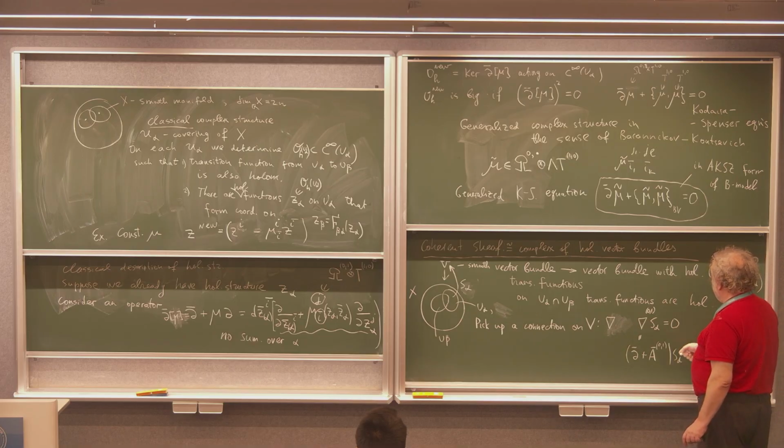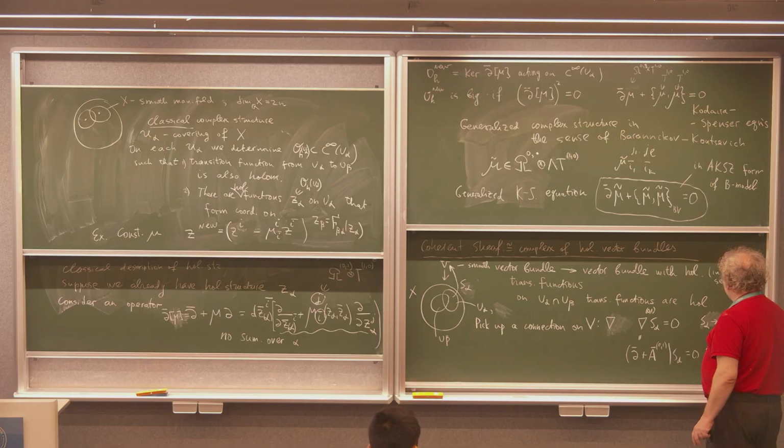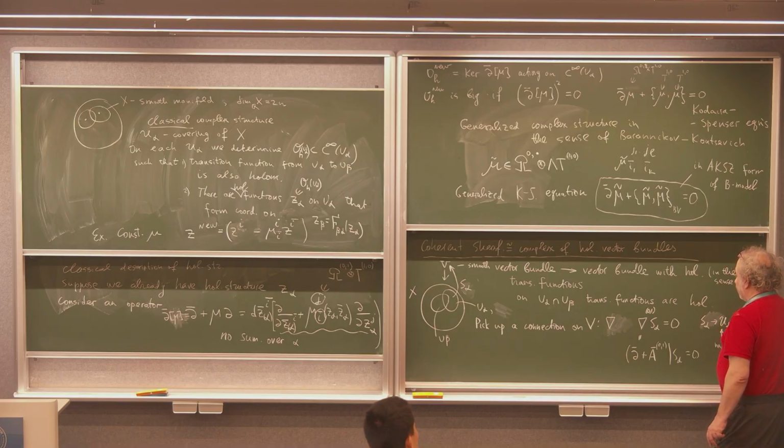In particular, the ambiguity here is, I already used u, okay, use small, such that this is a matrix-valued holomorphic function.